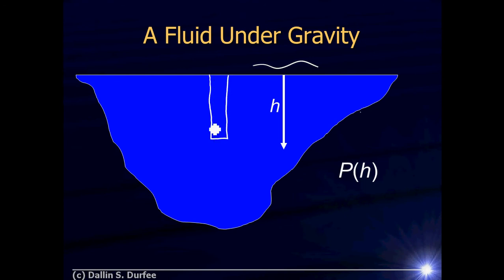Well, I'm not just going to imagine it. It's really there, right? There's water everywhere in the lake. But I'm going to think of this cylinder of water as being separate from the rest of the lake. And I want to know how the rest of the lake pushes on this cylinder of water. I'm going to use this little thought experiment to figure out what the pressure is here at the bottom of the cylinder, a distance h down.